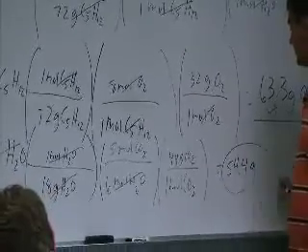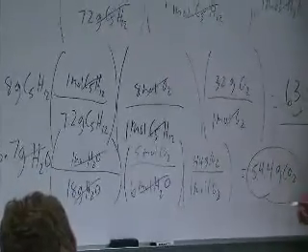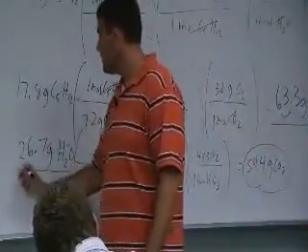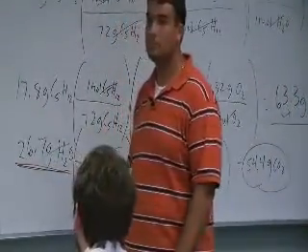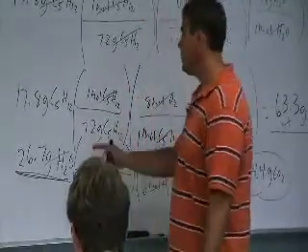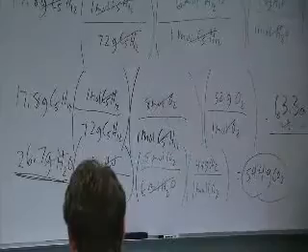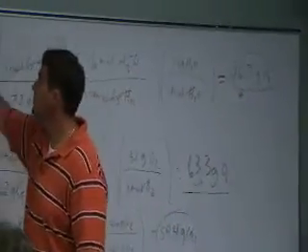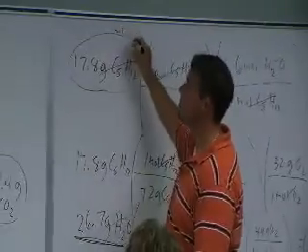Do I? Sure. Now you may say, wait a minute, this number right here is not the limiting reagent. Are you saying that? Sure. Where did that number come from? Here. Where did that number come from? The limiting reagent. Here's what I told you.